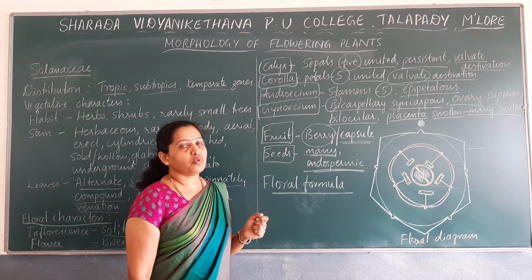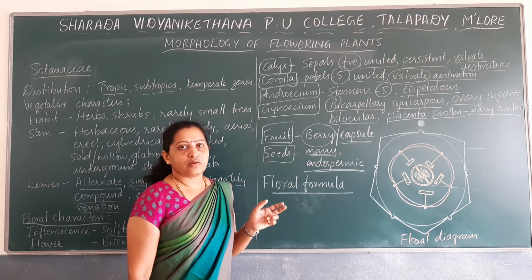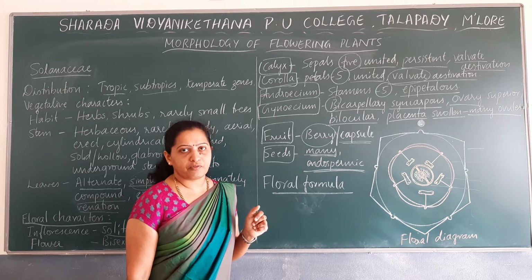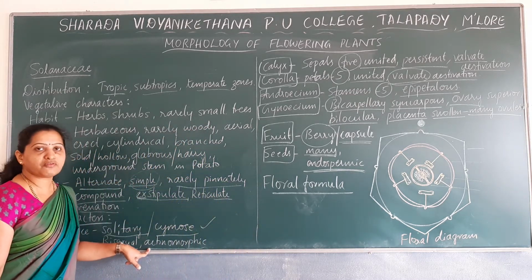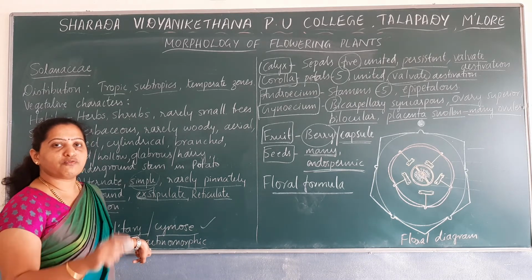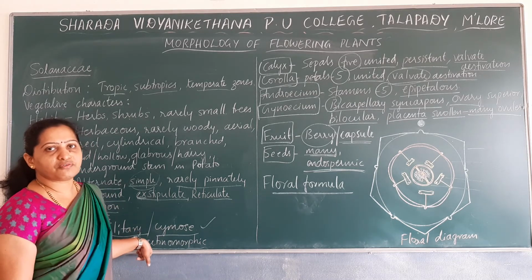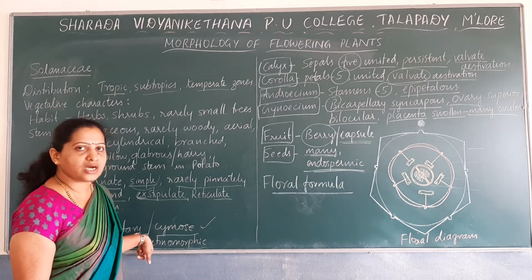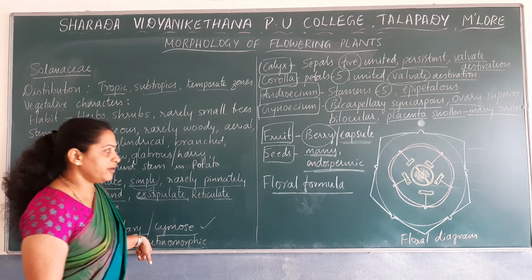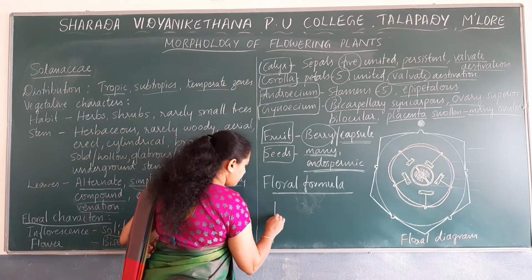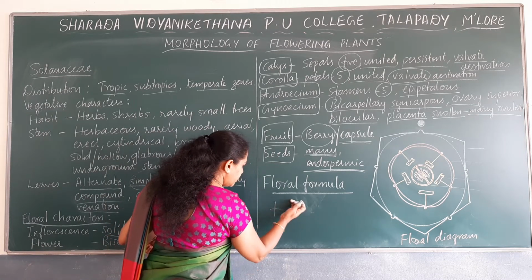First we have to note down the symmetry of a flower. The symmetry of the flower is actinomorphic. So first represent the symmetry of the flower in the floral formula. What is the symbol that we use for representing actinomorphic? Actinomorphic is usually represented by this symbol.